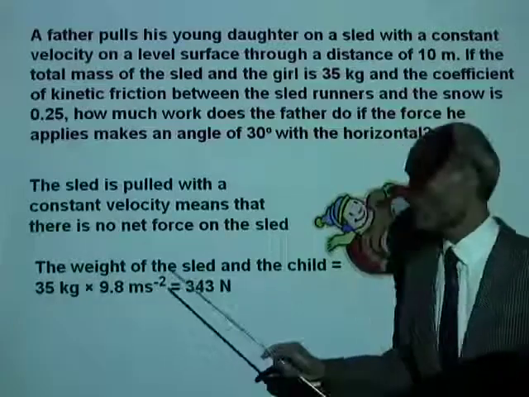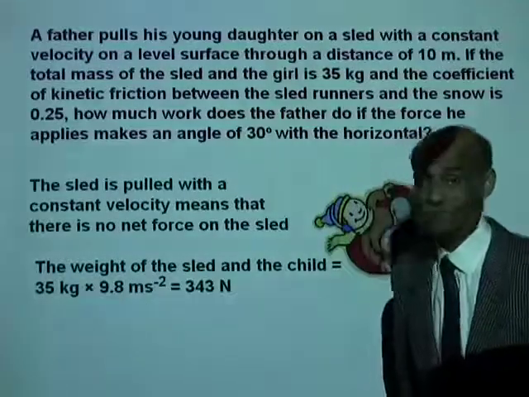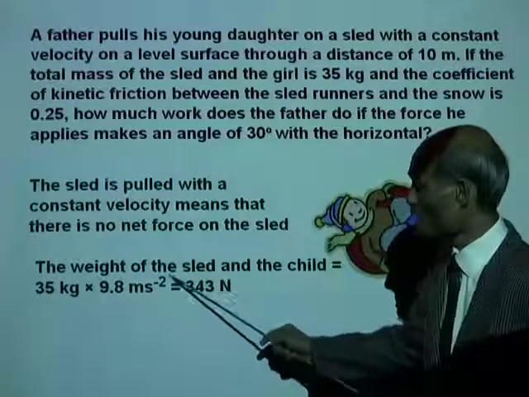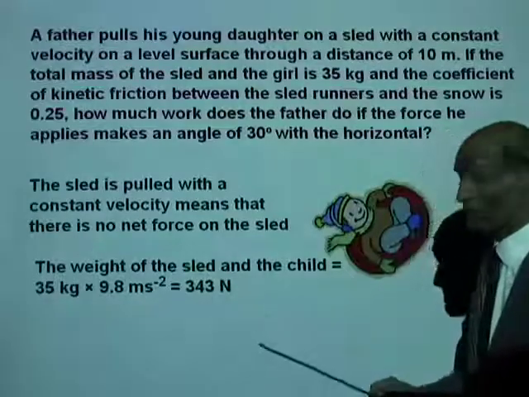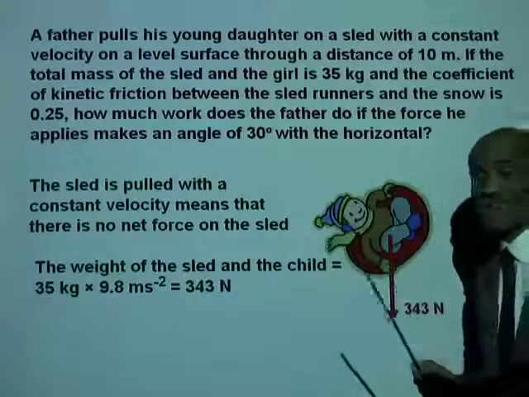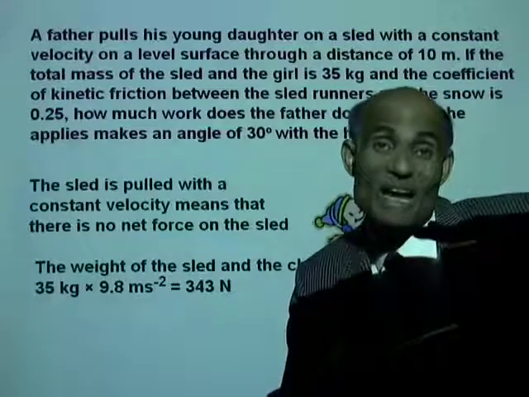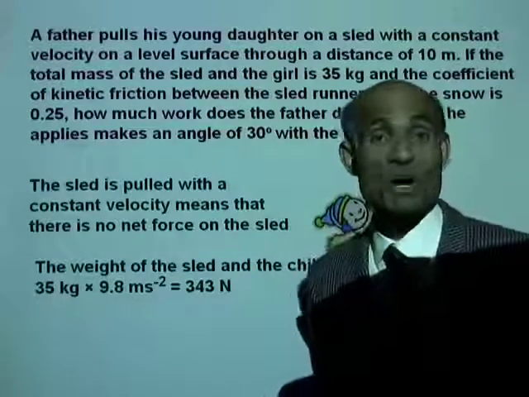Therefore, the weight is mg, 35 kilogram times 9.8 meter per second squared, is 343 Newton, which will be acting down the plane, and that is the force that presses the sled and the child to the snow.